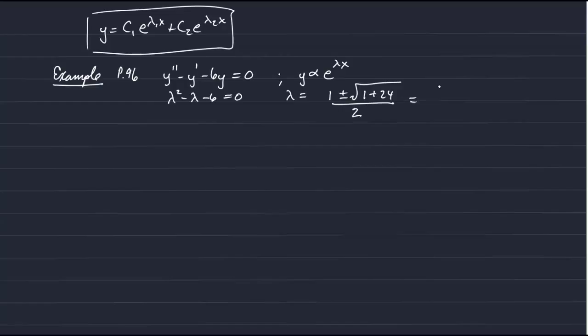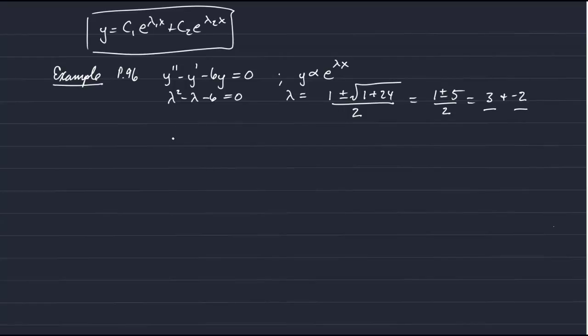Or in other words, that's 1 plus and minus 5 over 2, and that's equal to 3 and minus 2. Those are our two roots for lambda.